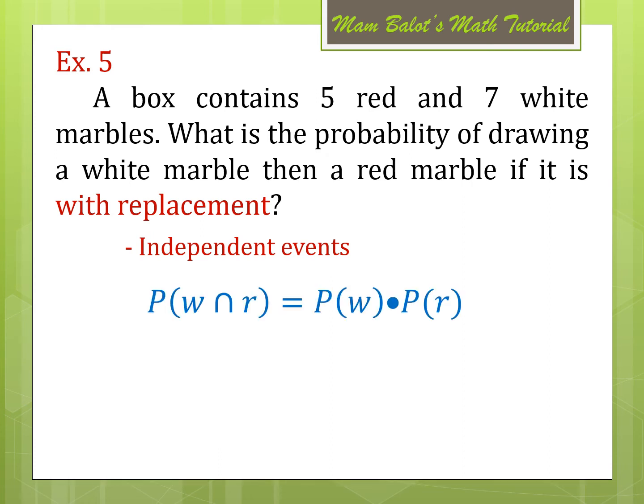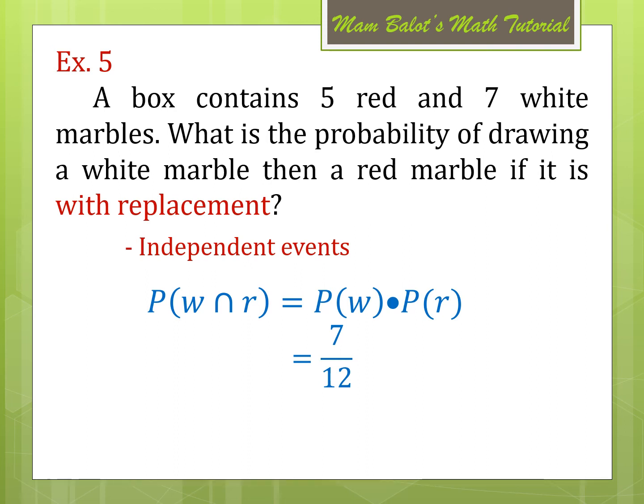Computing now for the probability of getting a white, then a red, we use the probability of W intersection R, which is equal to the probability of W times the probability of R. The probability of getting a white marble is 7 over 12 since we have 7 white marbles and 12 marbles all in all inside the box.